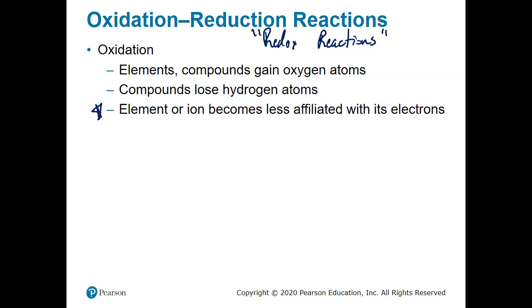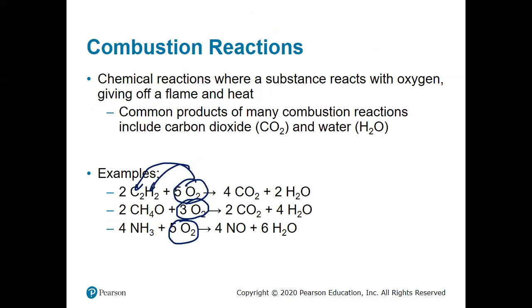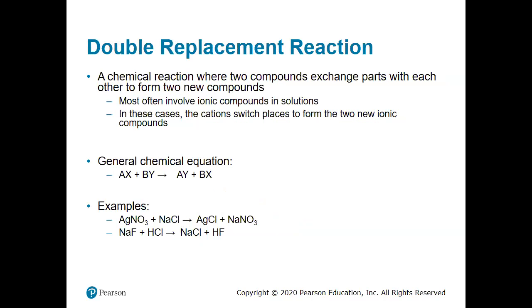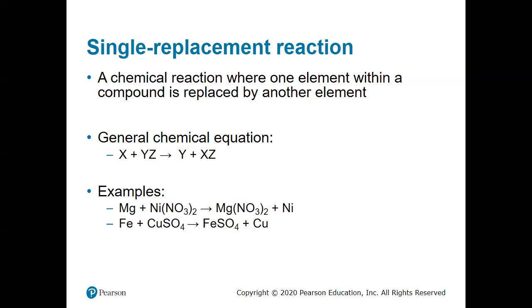If I look back, combustion reactions, yes, there's a direct oxidation involved here. The oxygen is inserting itself into that carbon compound. In these reactions, we don't always see it quite that way, but if you look closely, you can see that the magnesium went from having nothing to having a charge.